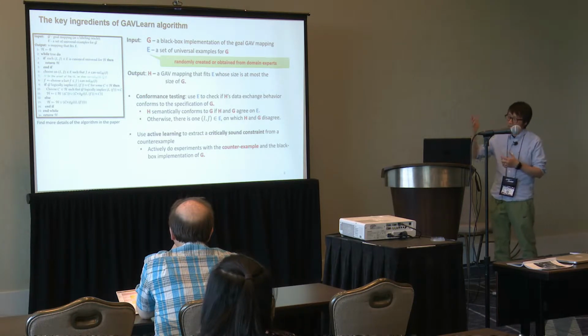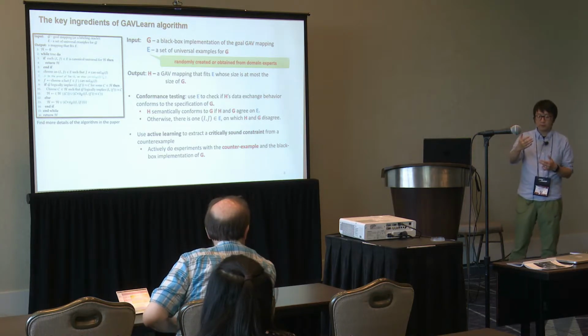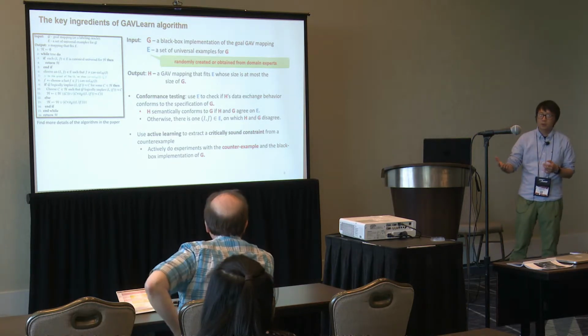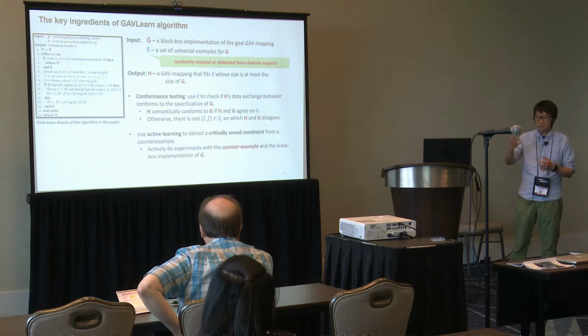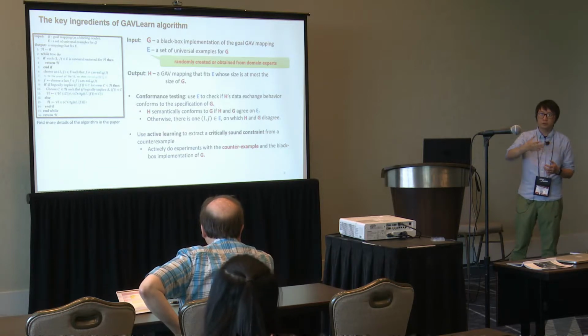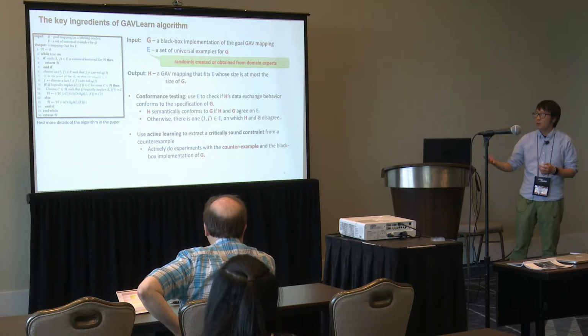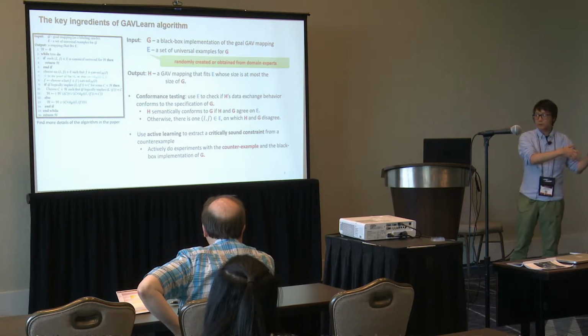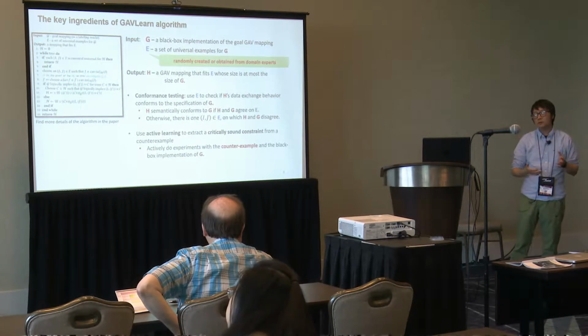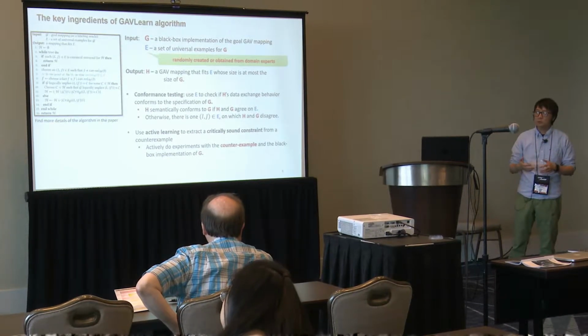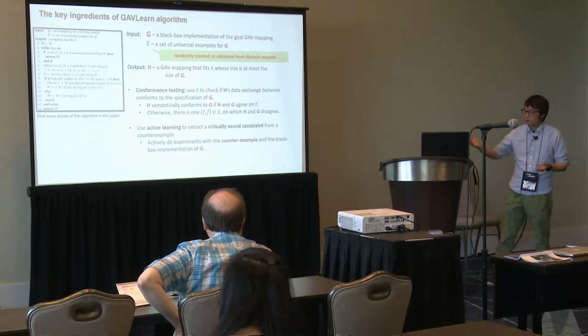Here, critically sound means, first, that the constraint is sound with respect to the Go schema mapping, namely, it can be logically implied by the Go schema mapping. And it is critically sound if, when we remove one of the atoms from the left-hand side of the constraint, the newly obtained constraint is no longer implied by the Go schema mapping.